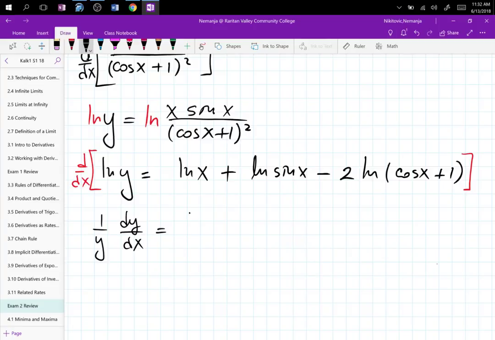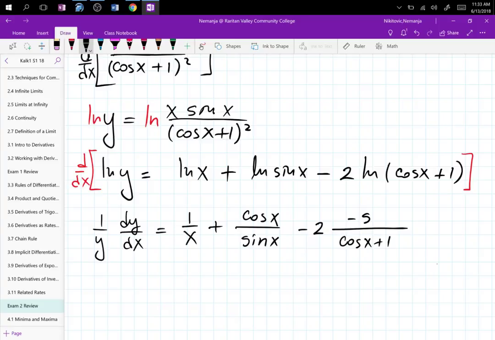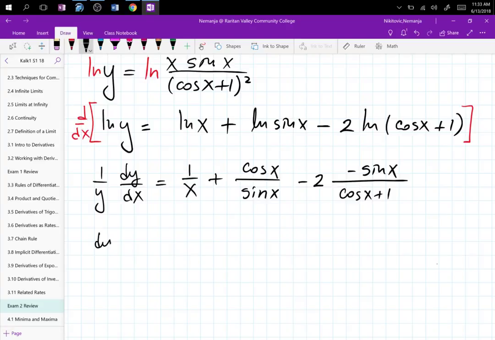On the right-hand side, we have 1 over x plus, remember, copy the function as is in the denominator, put its derivative on top, minus 2, again copy the function as is in the denominator, put its derivative on top. Now y goes to the other side, and I'm just going to fill it in right away, so I'm not writing this 15,000 times.